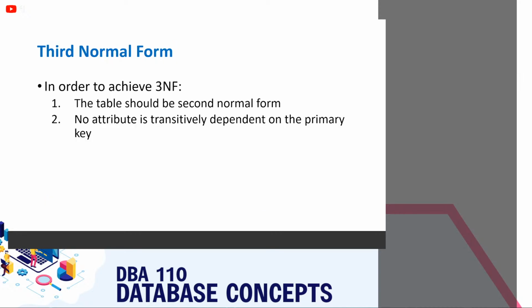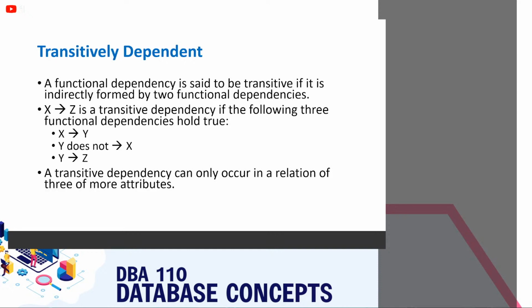So if we look at third normal form, the table should be in second normal form, and no attribute should be transitively dependent on the primary key. Transitive dependency. Things get a little tough with transitive dependency. Basically when we have 3 elements that we're dealing with, that's where we get into the idea of transitive dependency.